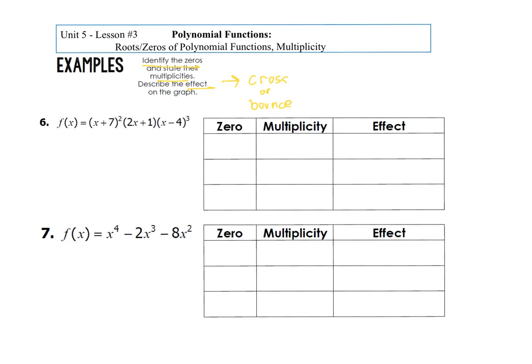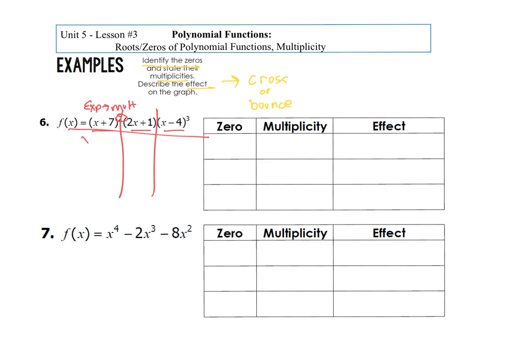The cool thing about number 6 is that it's already in parentheses. If it's already grouped into parentheses, it's already been factored. So we can already t-bar this one. I'm going to draw my t-bar. If I have an x plus 7, even though there's a square there, this is for the multiplicity. Exponents are the multiplicity for each of these zeros.